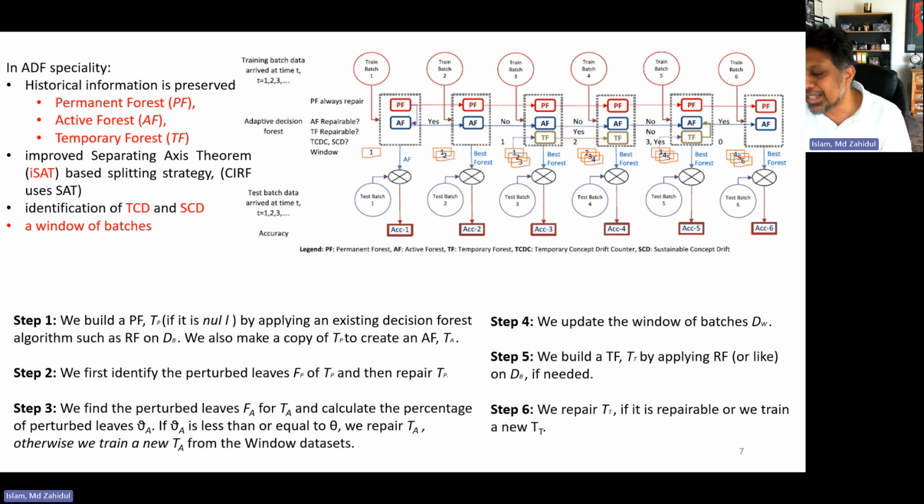For example, a city is all of a sudden organizing an Olympic event, and the business pattern, traffic pattern, the vibrancy in the city will have a drift, right? Lots of tourist visitors are there. The restaurants are busy, but that's not a sustainable concept drift. That just happened because of the Olympic event.